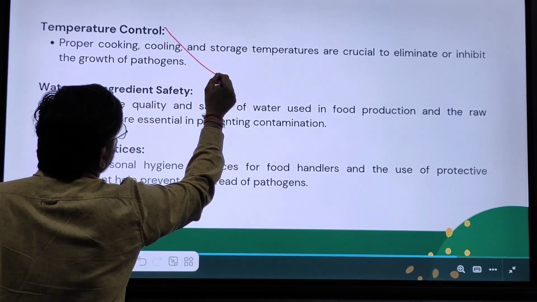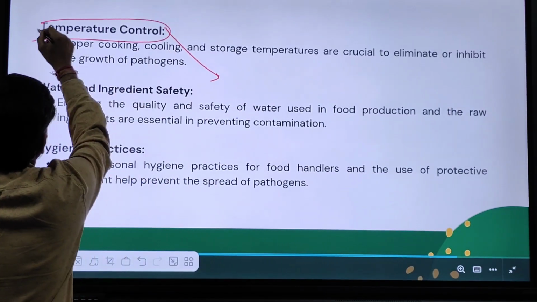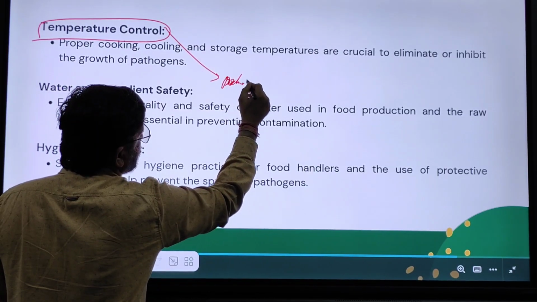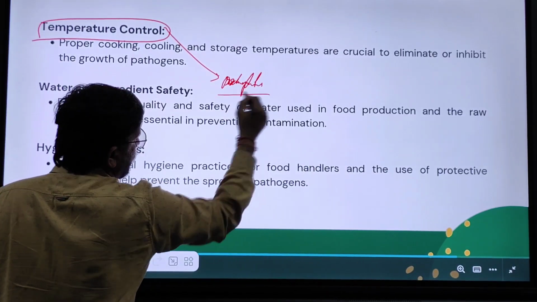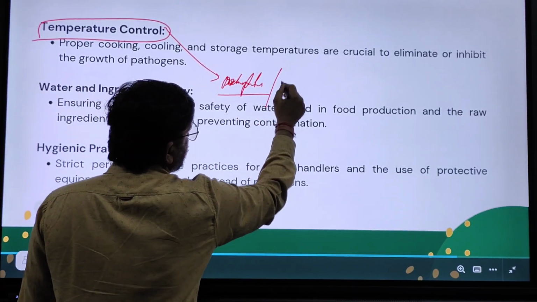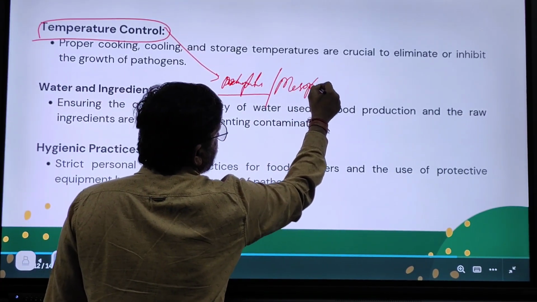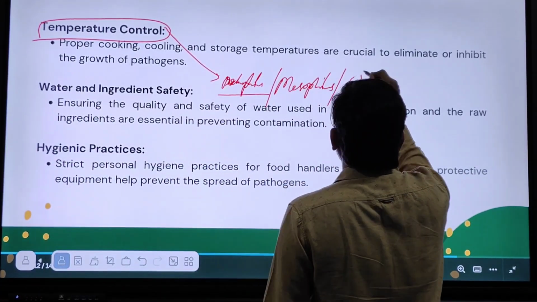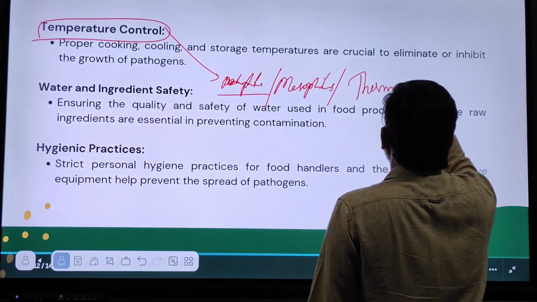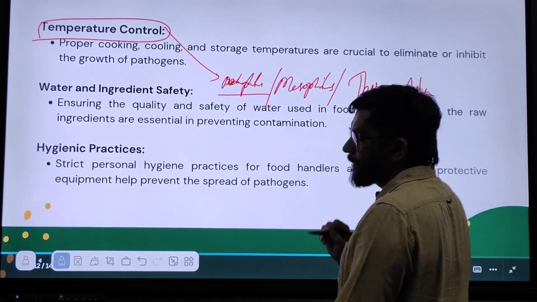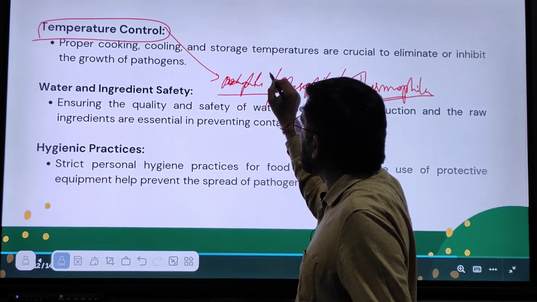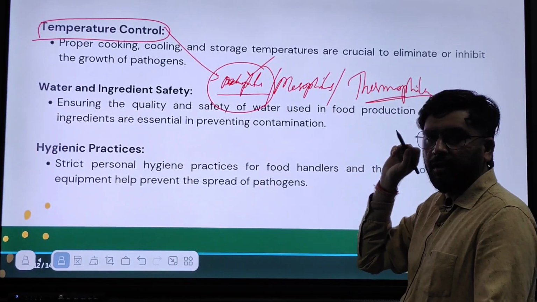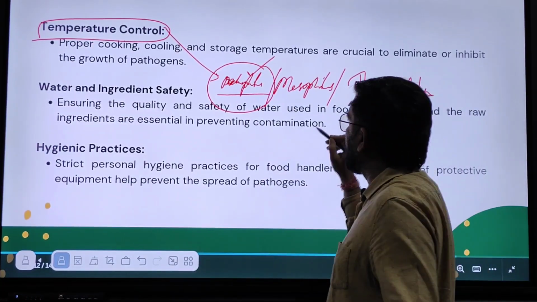As we all know, based on the temperature, the bacteria can be grouped as psychrophiles, mesophiles, thermophiles, etc. If you increase the temperature, then you have less chances of psychrophilic pathogens growing in a food product.